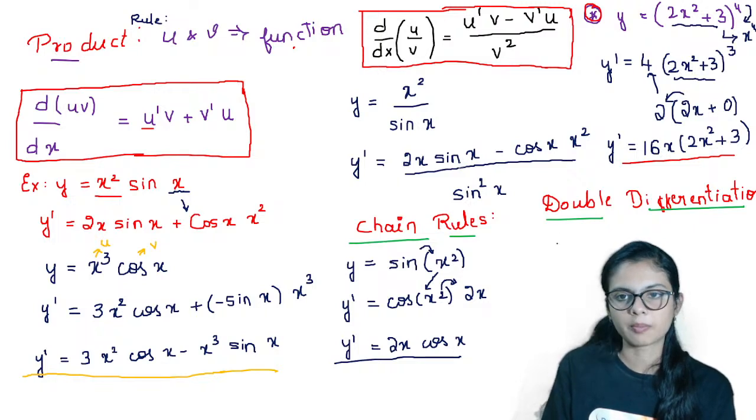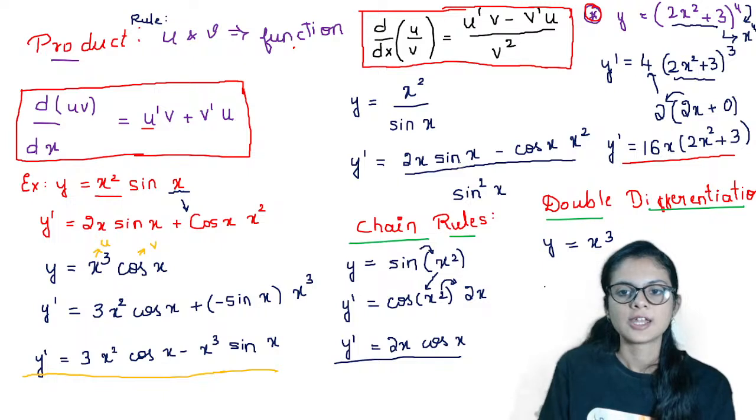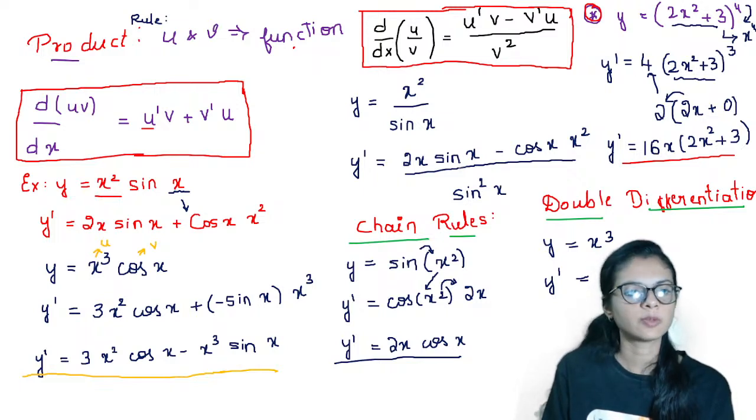Let's consider a simple example. Y is equal to x cube. This is a function. Now I'll differentiate y one time, so I'm writing y dash. From the formula I know, n into x power n minus 1, so it is 3x square.